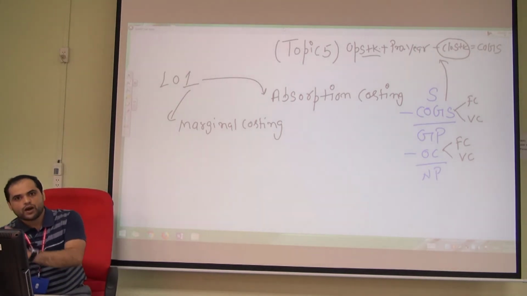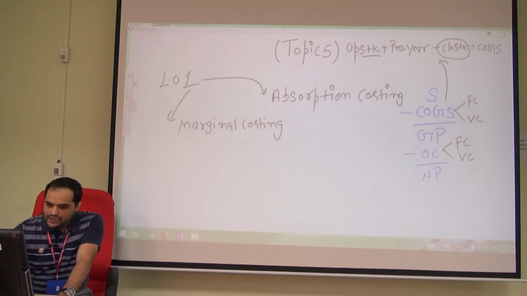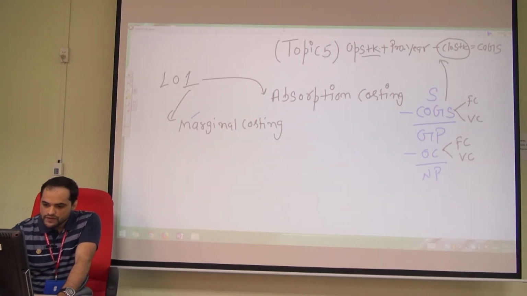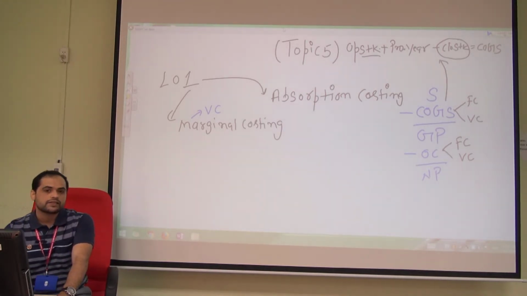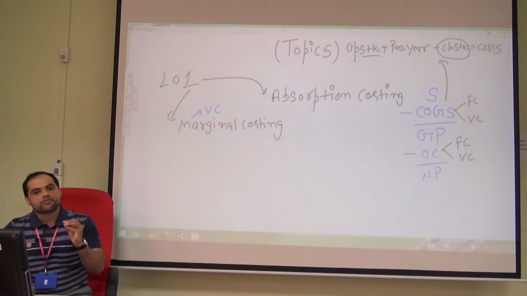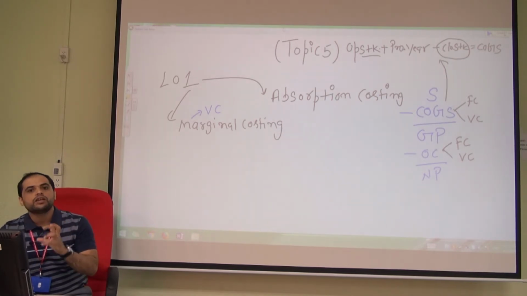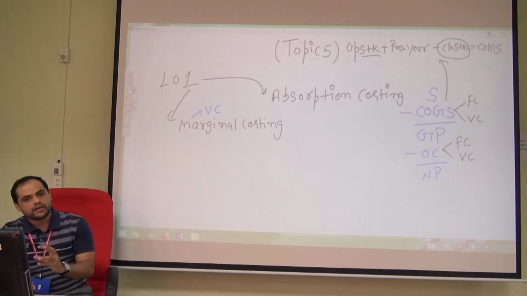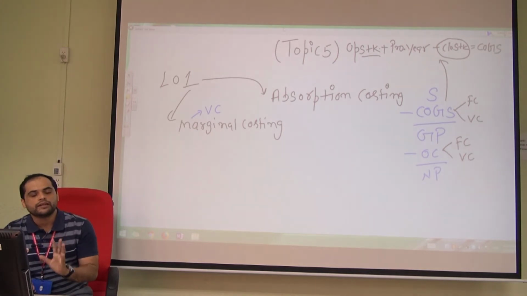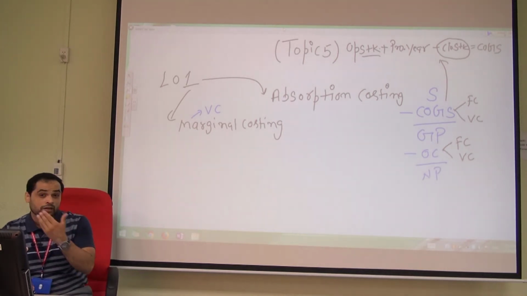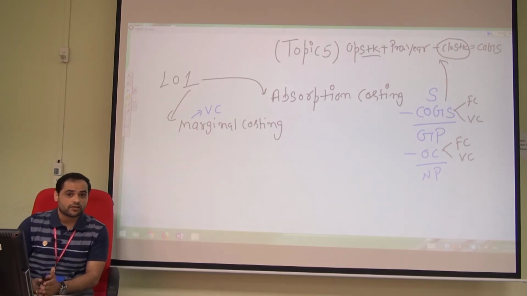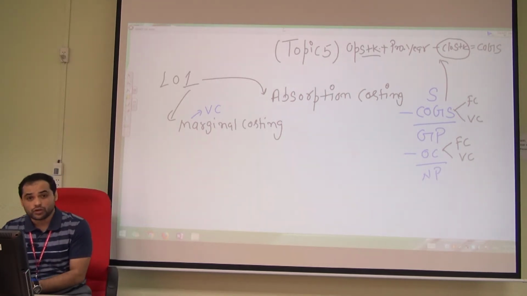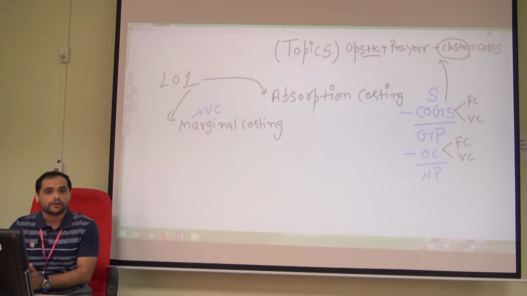So the second method is marginal costing. Marginal costing is quite different. Another name for marginal costing is the variable costing system. It means only variable cost will be used to estimate the product profitability. Why? Because variable cost is a cost the company can control. Fixed cost is a cost which cannot be controlled by the company.